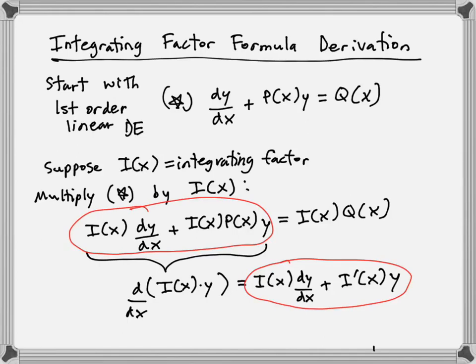We have I of x times dy dx plus I of x times p of x times y is equal to, so what was the other side?